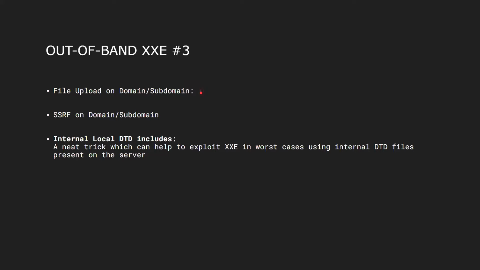But that file also has to be accessible unauthenticated. Another thing you could do is find unauthenticated SSRF with full response control. But both of these cases are quite unlikely to happen. And therefore, we have this third technique, the local DTD technique, which can help you exploit XXE in the worst cases. So let's have a look at what it is.